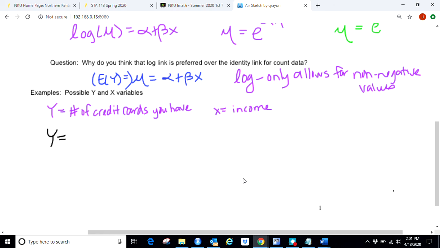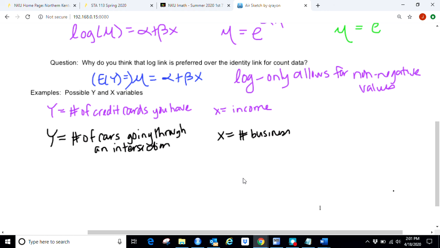Another example: let y be the number of cars that go through a certain intersection, and x might be the number of businesses within a 1 mile radius that might help me predict that.